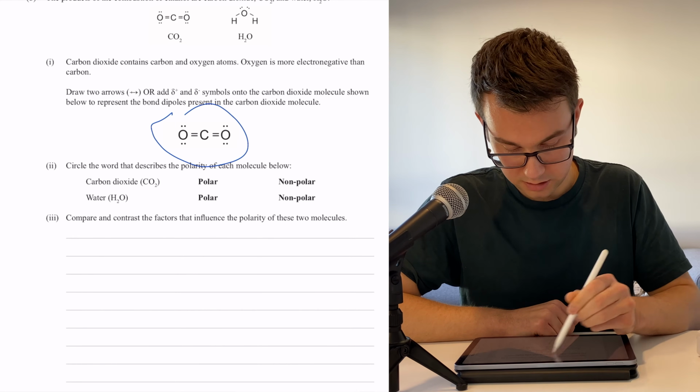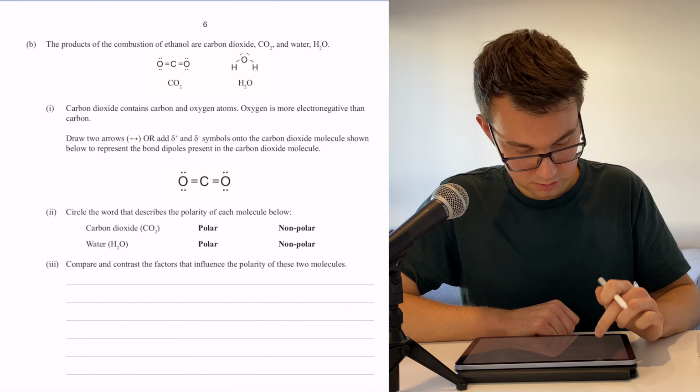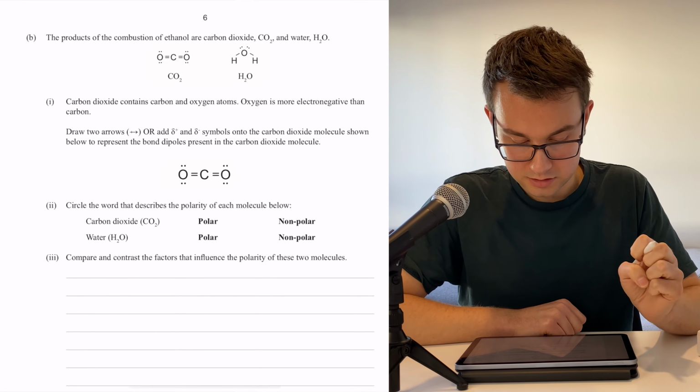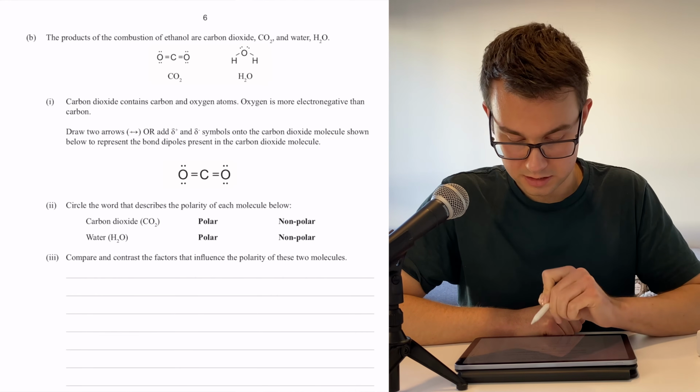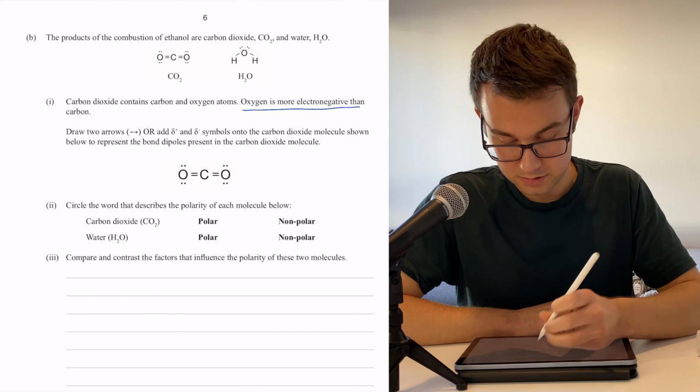And here it is right here. Okay, well, let's do that. Let's do both, just for fun. So we'll start with the delta plus and minus. We are given that oxygen is more electronegative than carbon.